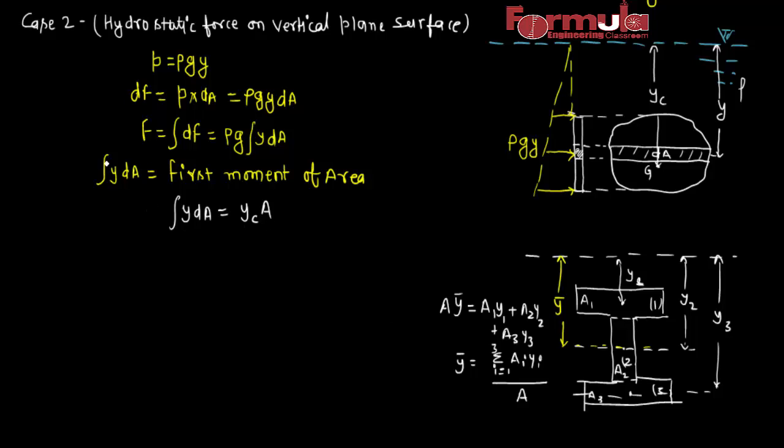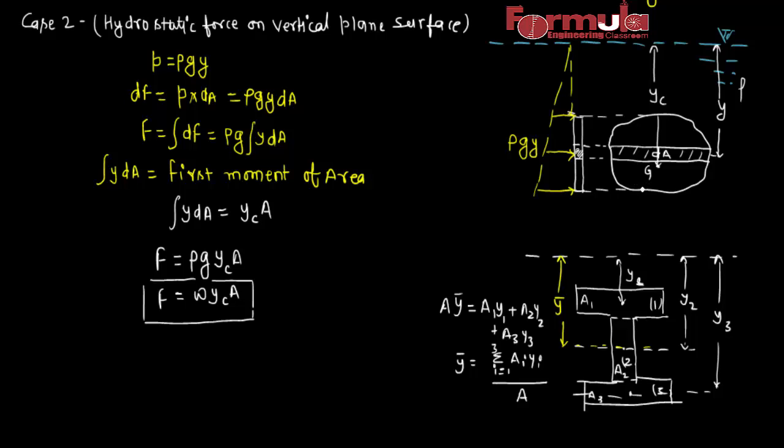So from here we can write F equals rho g, and we can replace integral y dA by yc A, and rho g we can write as specific weight of fluid, into yc into A. So this is the force exerted by this static fluid on this arbitrary vertical plane surface.